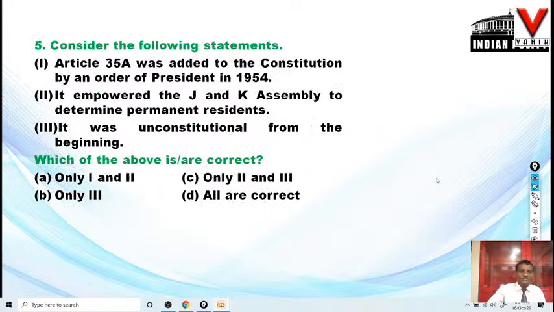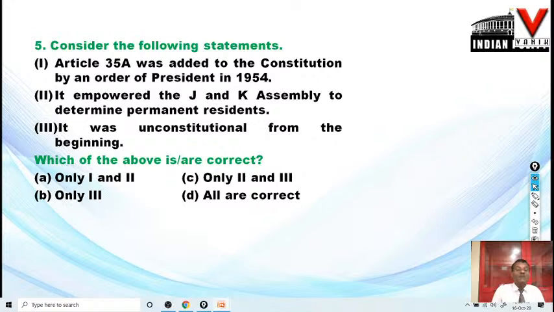Consider the following statements. Article 35A was added to the Constitution by an order of the President. Article 35A was unconstitutional before it was abolished, because it was not added by the procedure of amendment in the Parliament. It was added to the Constitution by mere presidential order, which is not the proper way to add a provision to the Constitution.